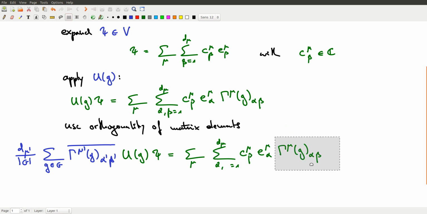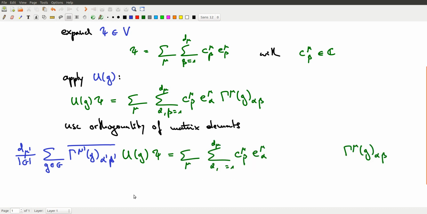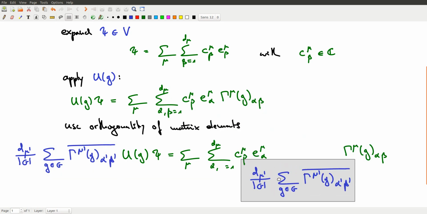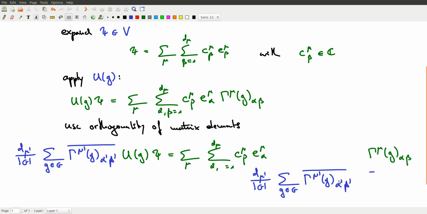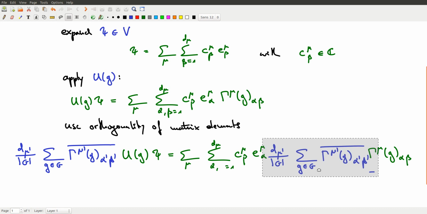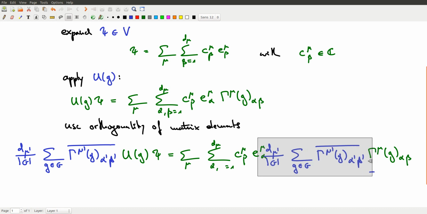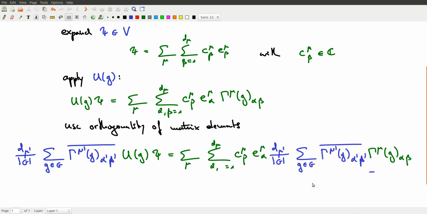Let's do this just here at the end. No, doesn't fit. So the blue part goes here. Okay.